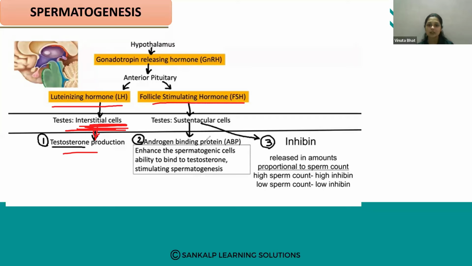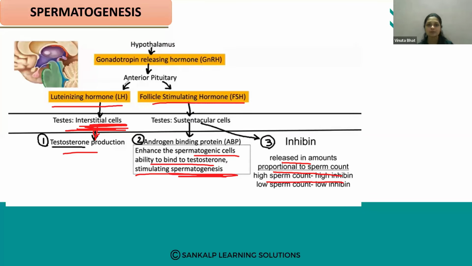That enhances the spermatogenic cells' ability to bind testosterone and stimulates the spermatogenesis process. Inhibin is released in amounts proportional to the sperm count. High sperm count means high inhibin, low sperm count means low inhibin.